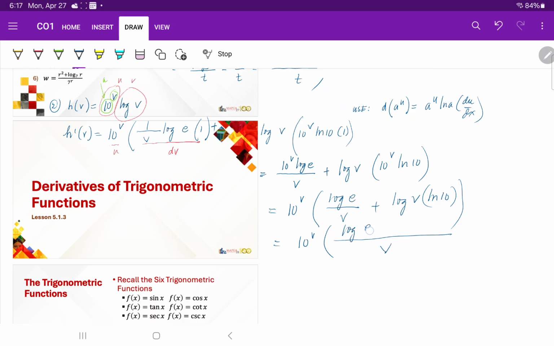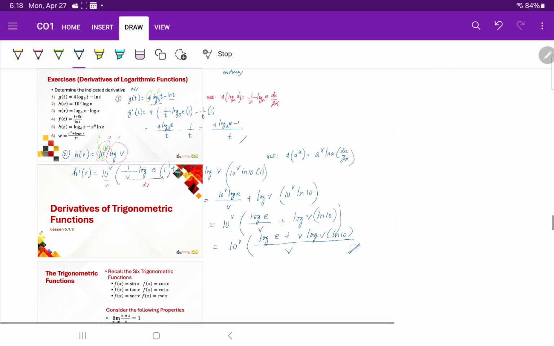So we have the log of e to the base 10 plus v log of v times ln of 10. That gives you your final answer. So that's for number 2.